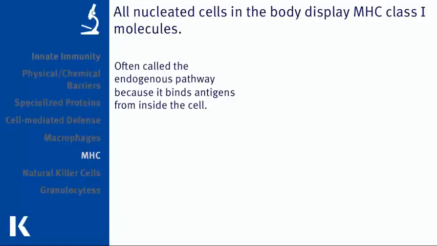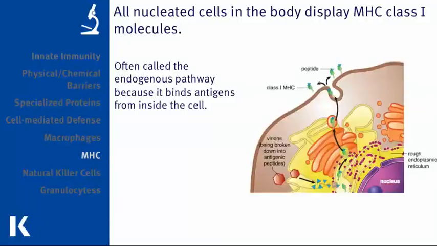MHC class I molecules operate on what's called an endogenous pathway, because it works from the inside out, binding antigens after they're already in the cell. For example, viral molecules that have entered the cell get broken down into their antigenic peptides. Class I MHC molecules pick up these peptides, and then the peptide attached to the class I MHC molecule is moved to the surface of the cell for the immune system to check out and act upon if necessary.